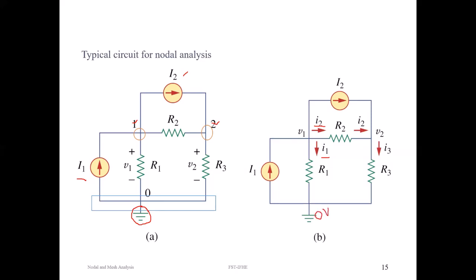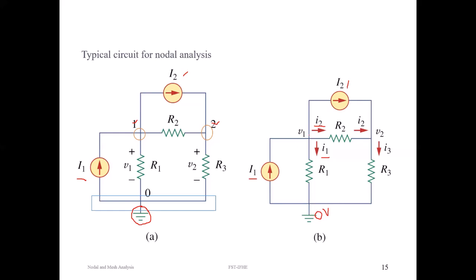Then we apply KCL at V1, and we get one equation. We apply KCL at V2, and we get a second equation. On simplifying these two equations, we can determine V1 and V2, provided we give some values to the current sources.